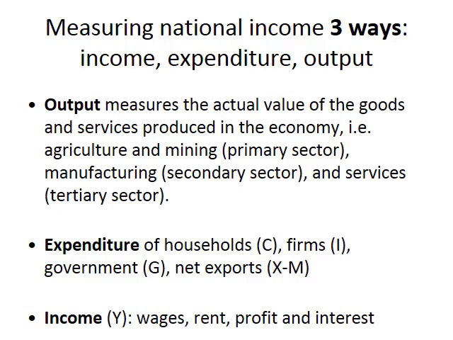Output measures the actual value of the goods and services produced in the economy, such as agriculture and mining being the primary sector, manufacturing the secondary sector, and services being the tertiary sector. Expenditure is the expenditure of households, firms, government, and net exports. And income, the total income Y, is wages, rent, profit, and interest. All of these three methods will give you the same value for GDP.